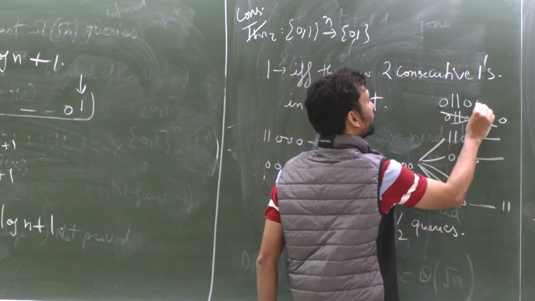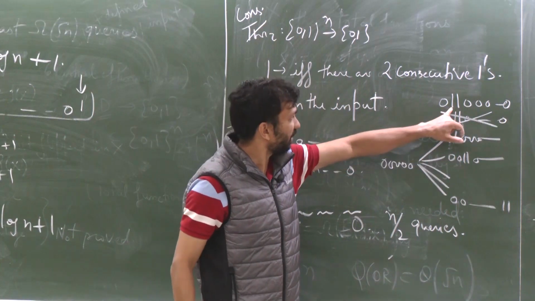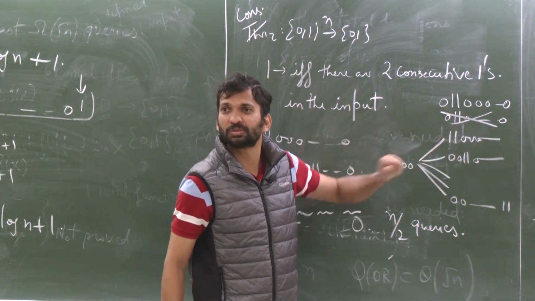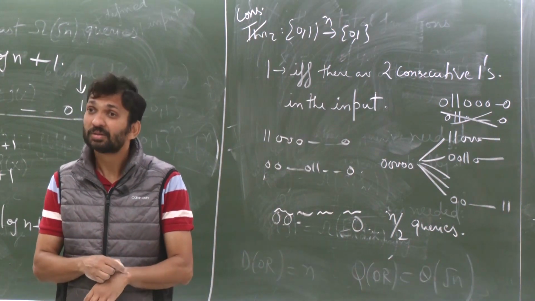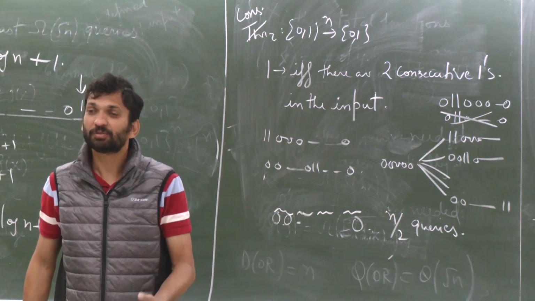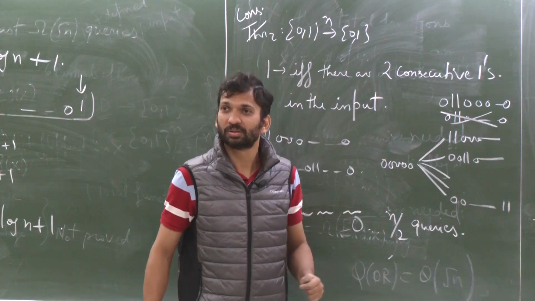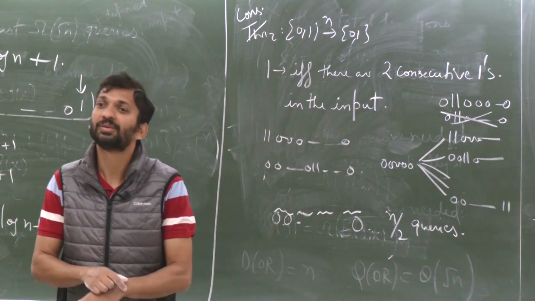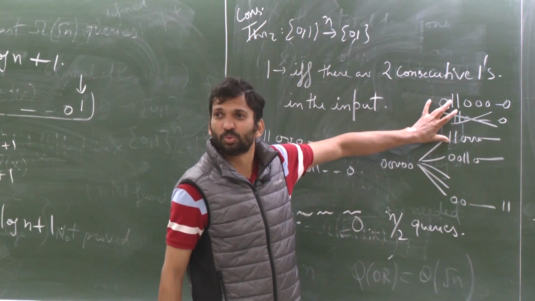If this was also your input, this and this, potentially asking y2 can settle both, no? Not just the second bit. If the second bit is 0, I know that this is the answer, this is not the answer. Right? There is a common bit between these two.